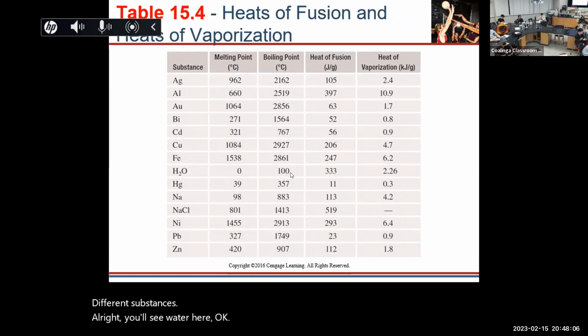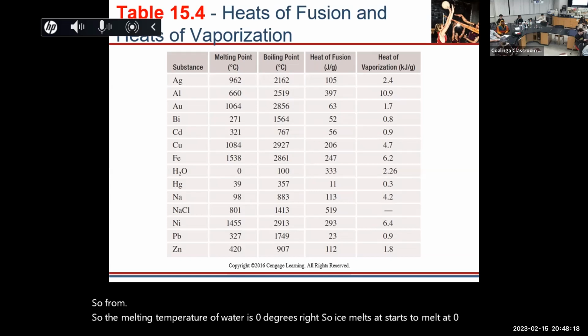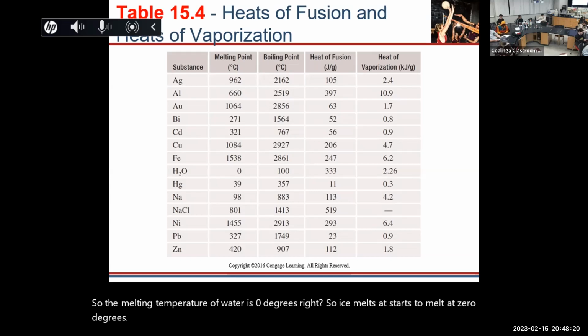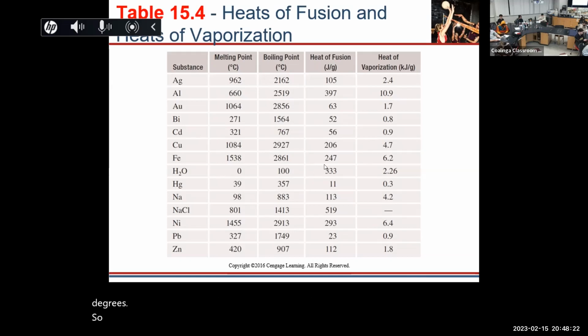Okay, so the melting temperature of water is 0 degrees, right? So ice starts to melt at 0 degrees. So the heat of fusion, the heat to go from that ice to a liquid, is going to be 333 joules per gram.